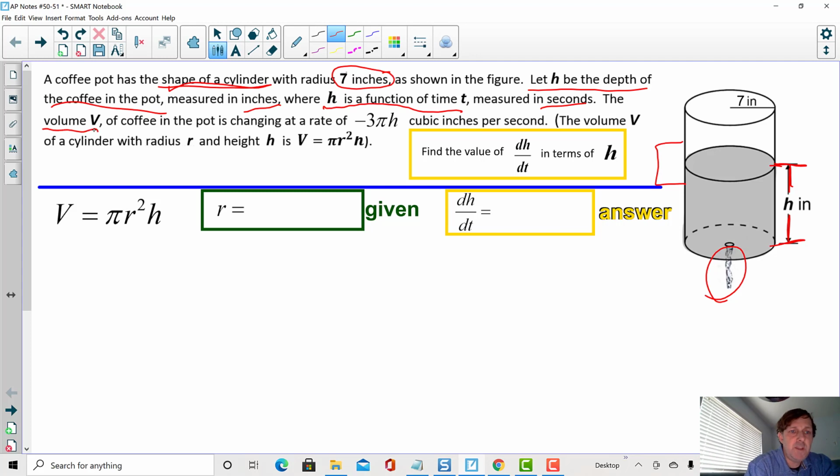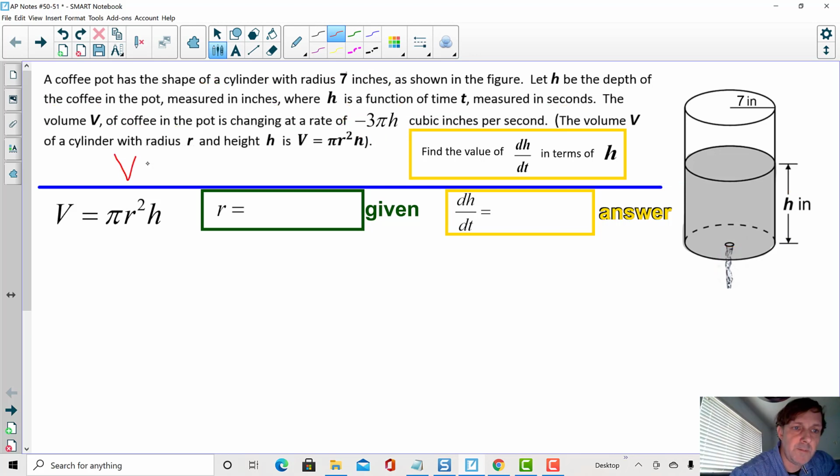It says the volume V of coffee in the pot is changing at this rate. So the rate that V changes is going to be V prime. So we can write that somewhere. V prime equals, because the volume is decreasing, we're going to make sure it's negative, 3 pi h. That's going to be important later.